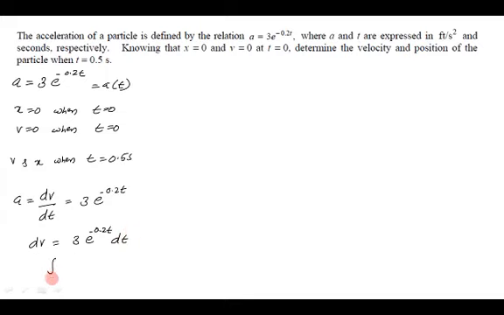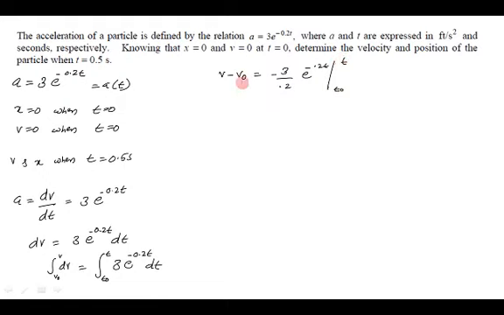So integrating between our limits, v0 to v for dv and t0 to t for 3 times e to the power minus 0.2t dt, we get v minus v0 equals 3 divided by minus 0.2 times e to the power minus 0.2t from t0 to t.